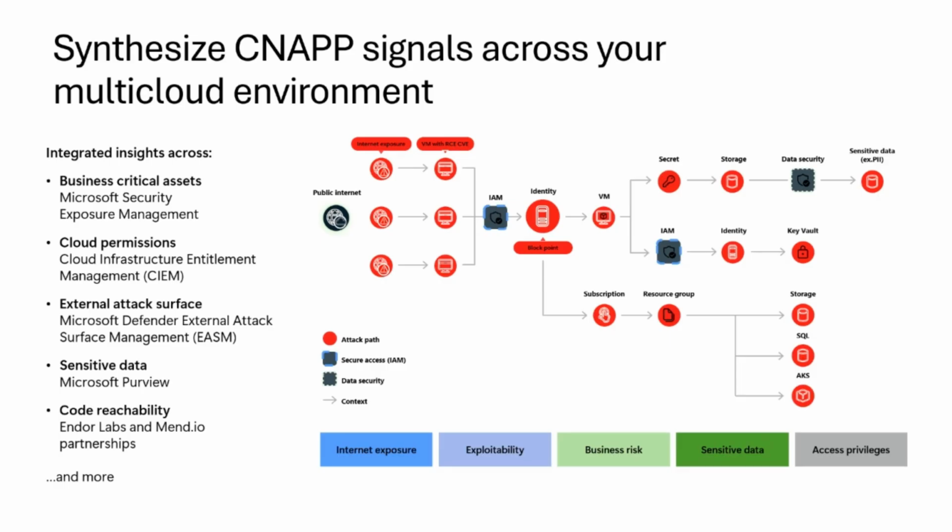Defender for Cloud also integrates critical data signals from Defender External Attack Surface Management, EASM, to monitor internet exposure of resources. It also leverages Microsoft Purview information types, labels, and data context to allow you to identify the resources with sensitive data.